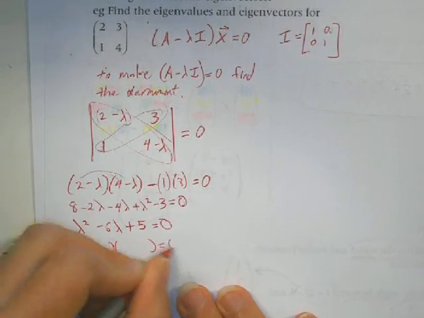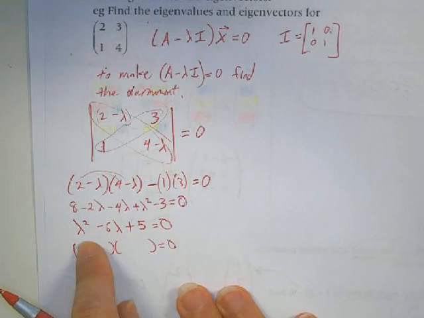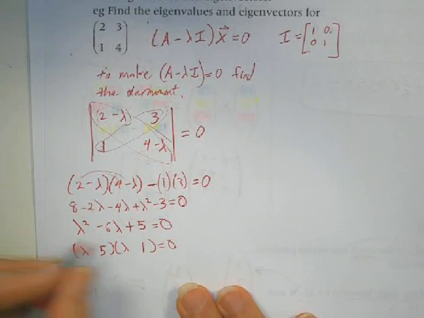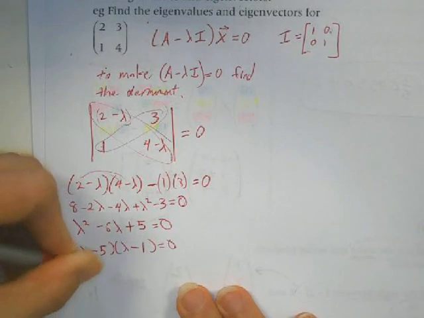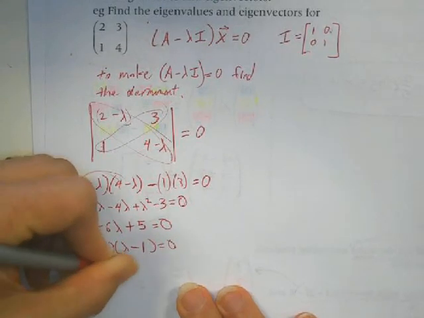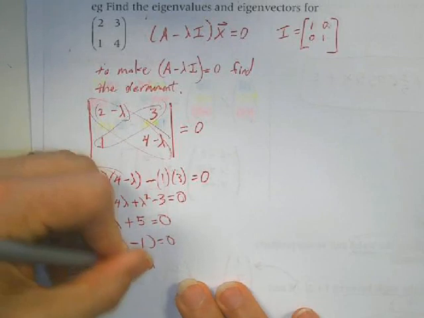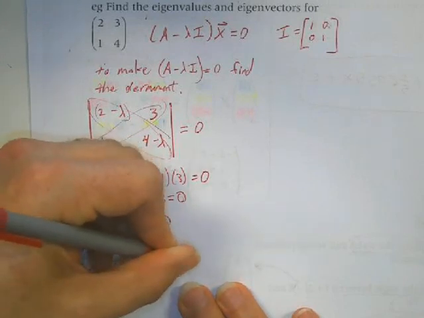We can factor this and see what two numbers multiply to give 5 and add to give negative 6. We know it's going to be negative 5 and negative 1. So I have lambda minus 5 and lambda minus 1. So my eigenvalues are lambda equals 1 and lambda equals 5.